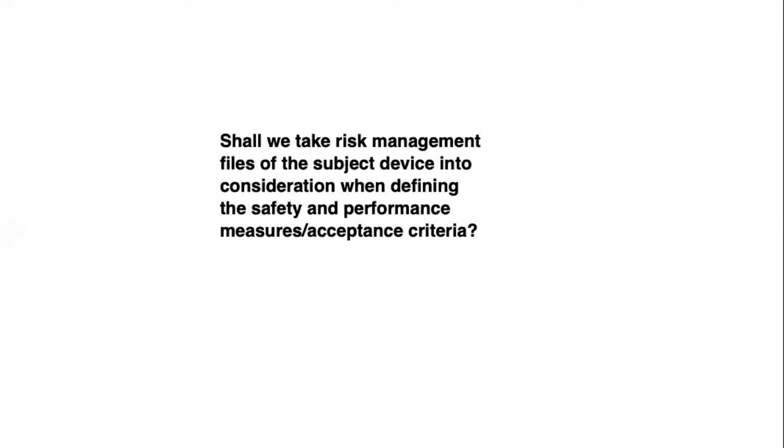So that's the vessel perforation rates and so forth, MI and arrhythmias and so forth, like the example we gave earlier. So I hope that answers, it was a long, rambly answer, but I'm not really sure that we take risk management files into consideration when we're establishing S&P criteria, S&P outcomes.